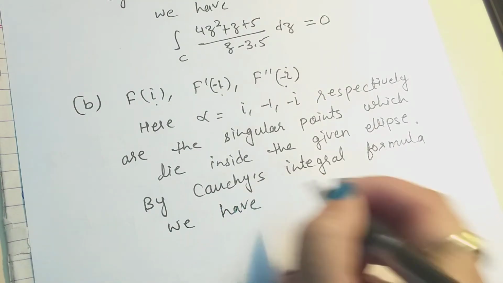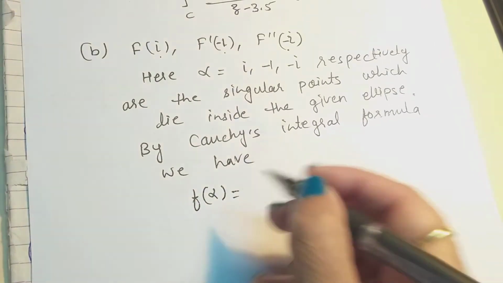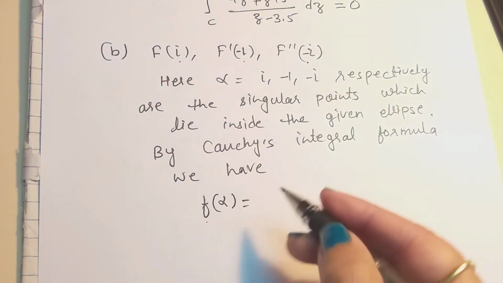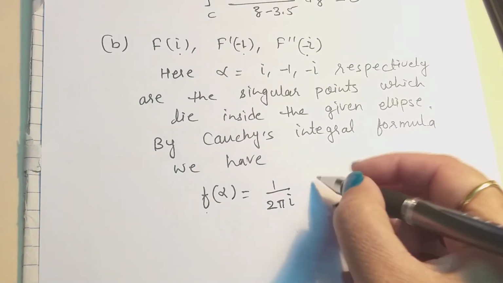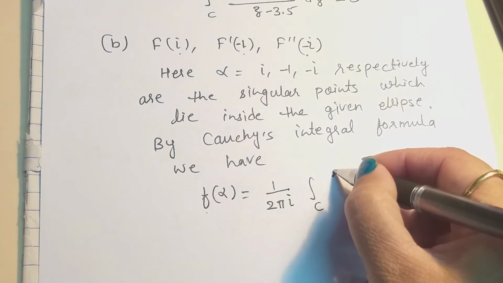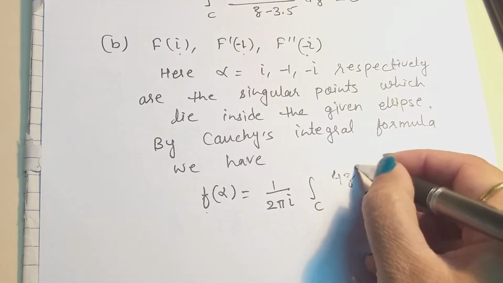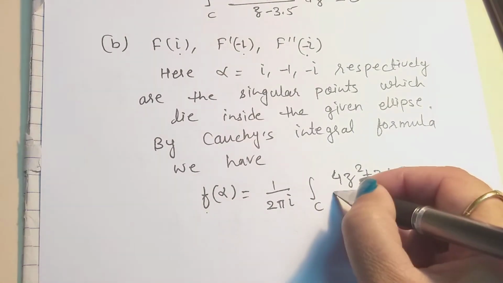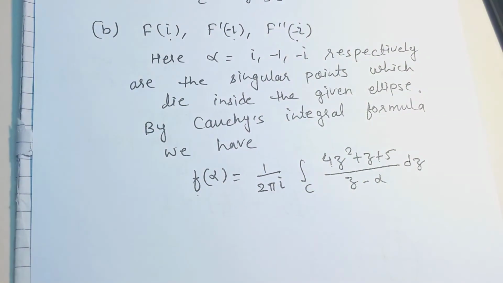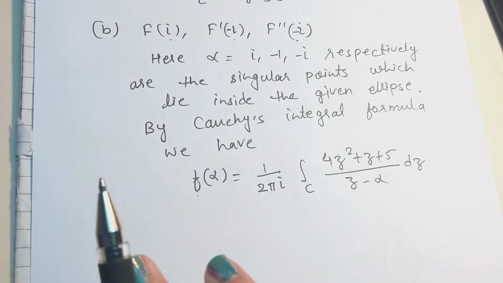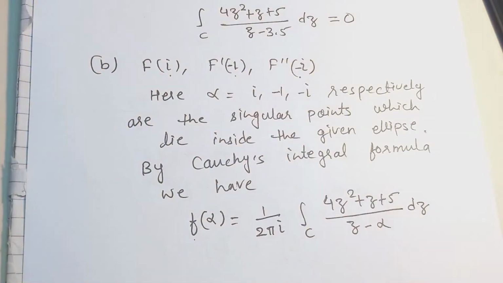Cauchy's integral formula says f(α) is equal to 1/(2πι) times the integral of our function, (4z² + z + 5)/(z − α) dz. And you must take care: this is a small f, and the function given in the question is capital F. Both are different functions, right?